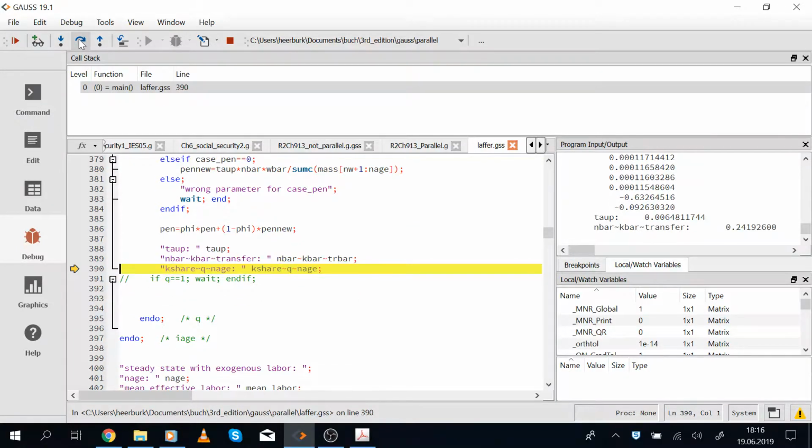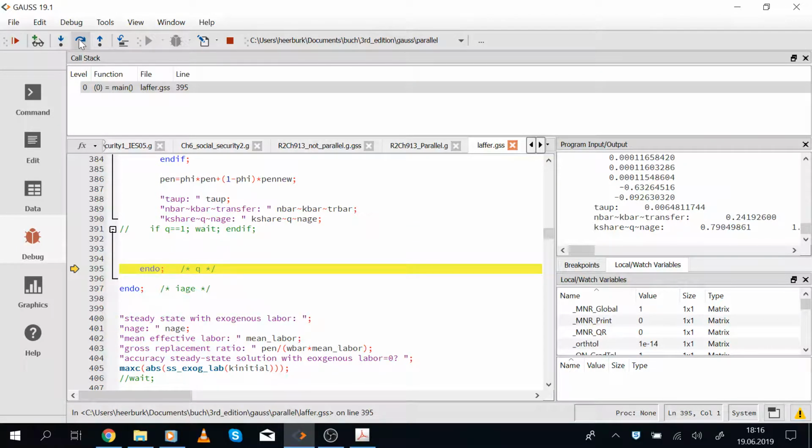Now this iteration over the aggregate variables, the capital stock, the pension contribution rate, pensions, aggregate labor supply, is done for a maximum of 50 iterations, and we find that it converges neatly.